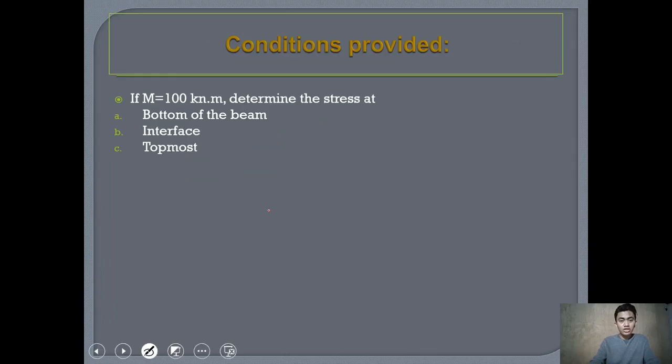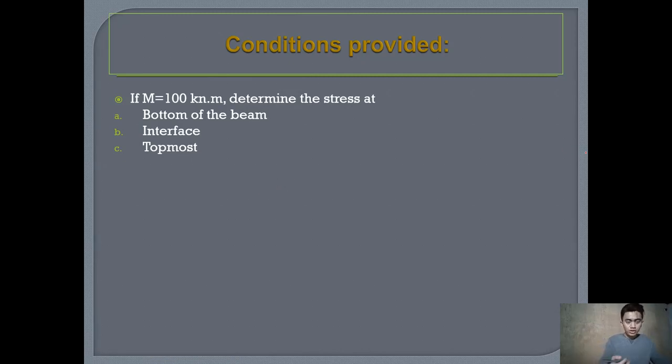So we have here your conditions provided that if M now is equal to 100 kilonewton per meter, we are to determine the bottom stress at the bottom of the beam, at the interface now, and then at the topmost part of our composite beam.